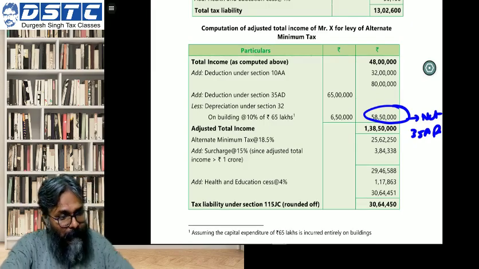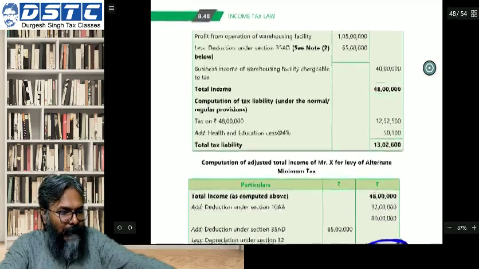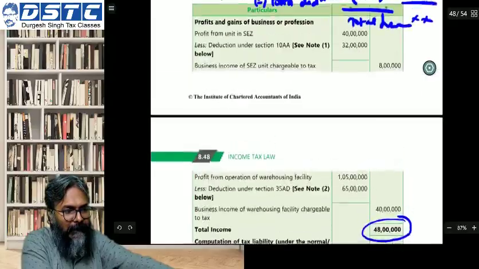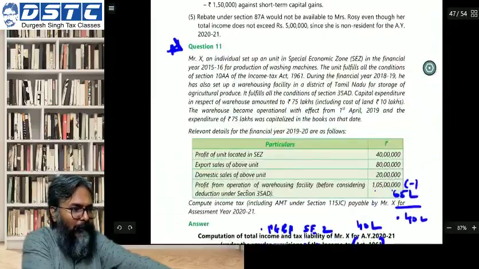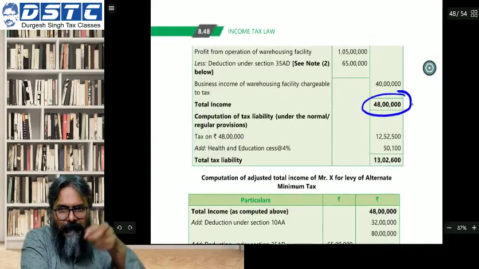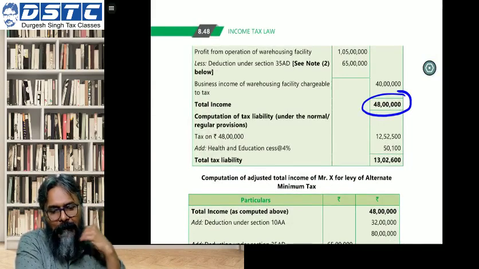Now see, students, over here, this is an eye opener. In my total income it was 48 lakhs, isn't it? And this is for whom? For Mr. X, an individual. If this would have crossed 50 lakhs by total income, then the surcharge would have been applicable.